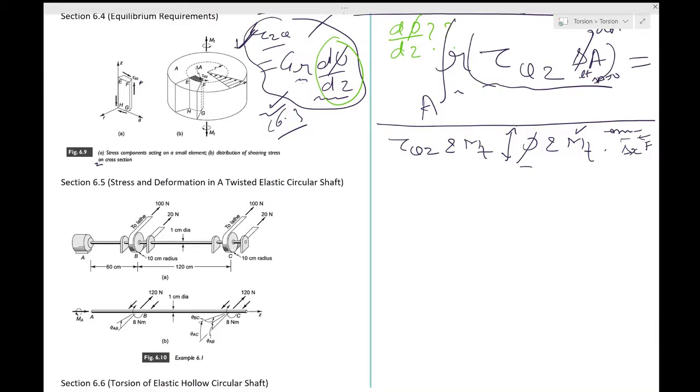So this is like applying a load and getting a suitable amount of deflection, and in this one you would apply a fixed load and see how much shear stress is generated. Since this is the only stress component which is relevant, we have written it like this. And this is important because if this is of a very high value, your shaft might break. So you want to understand how tau theta z will vary with Mt.